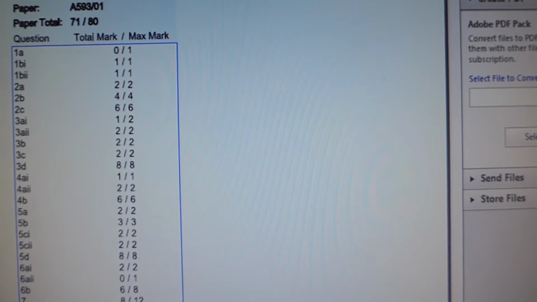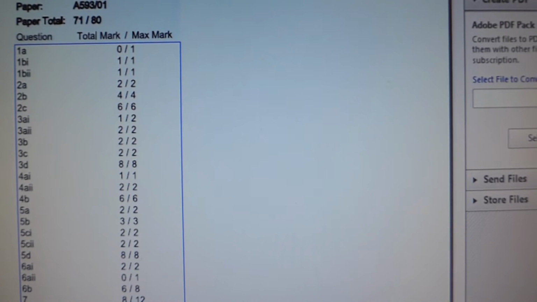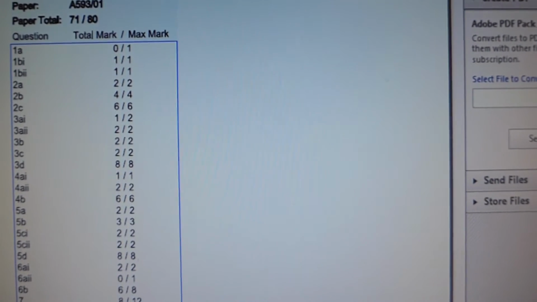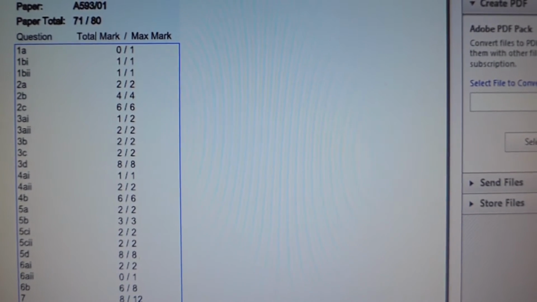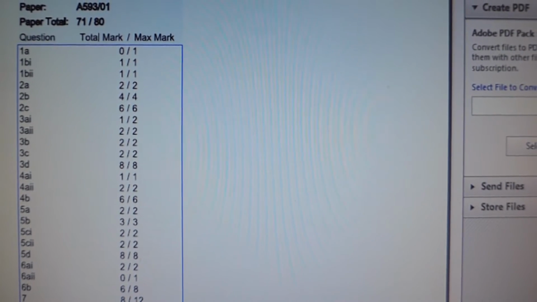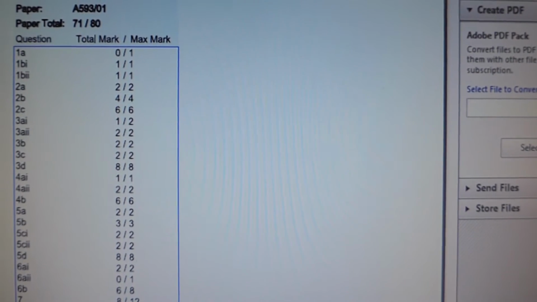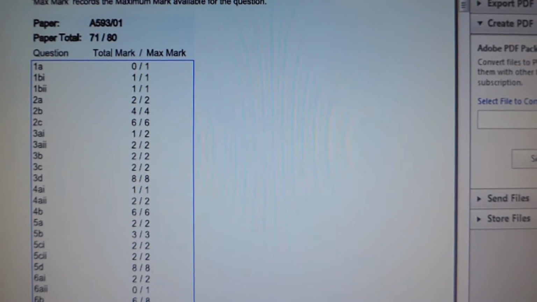I'd like to use this alongside the mark scheme to talk you through some of the ways in which this candidate has done particularly well, which some of my students in year 11 need to learn from, so that they can do equally well in the June exam.